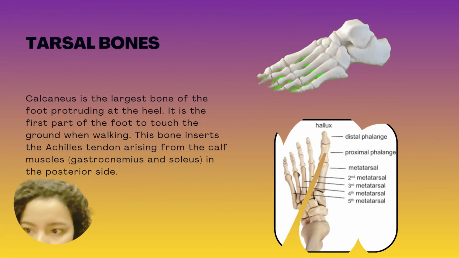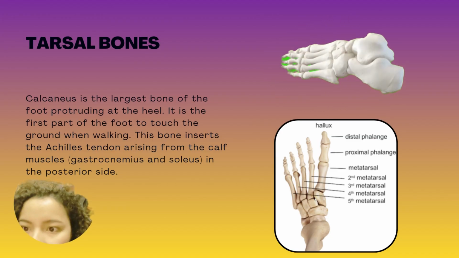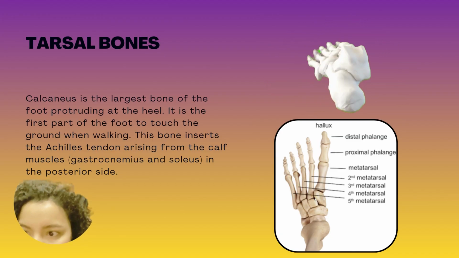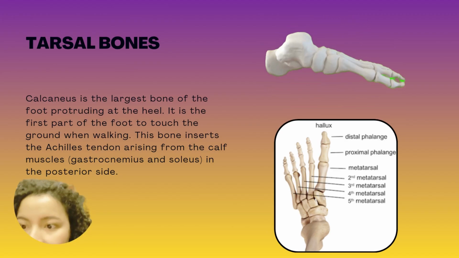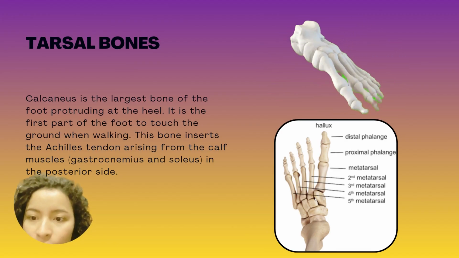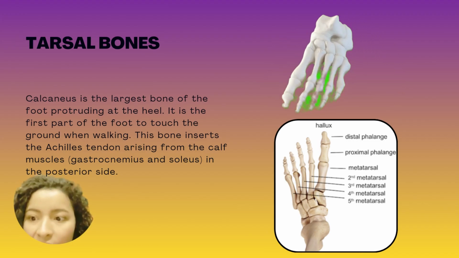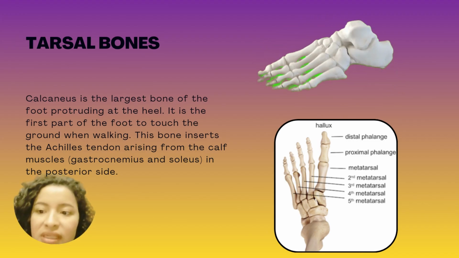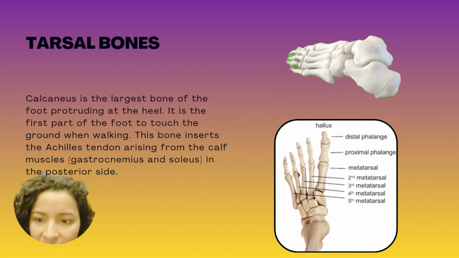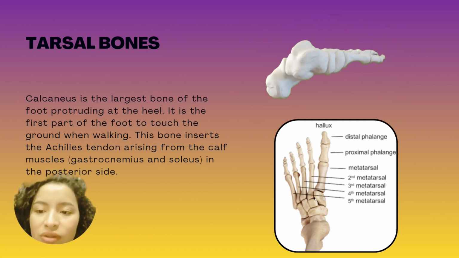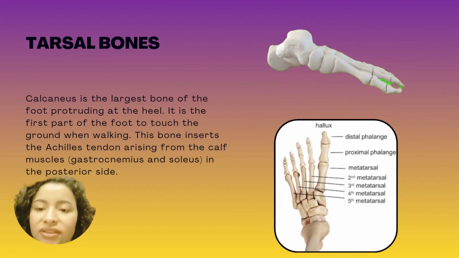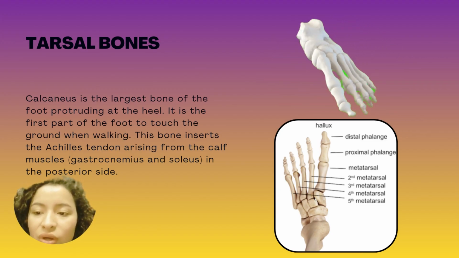Tarsal bones. Calcaneus is the largest bone of the foot, protruding at the heel. It is the first part of the foot to touch the ground when walking. This bone inserts the Achilles tendon arising from the calf muscles, gastrocnemius and soleus, in the posterior side.